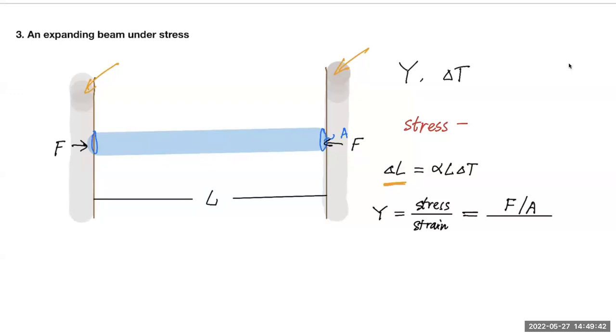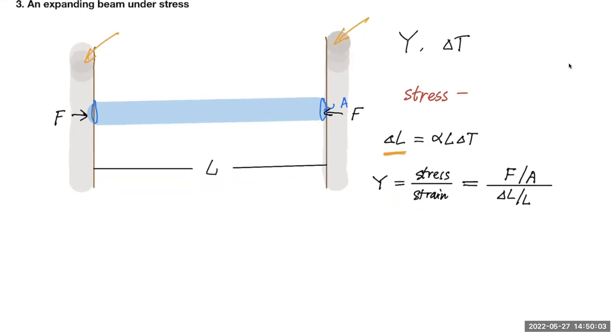The cross-sectional area of the rod is A, that's given. Strain is the fractional change in its length, that's delta L over L. What I'm looking for is the amount of force the walls have to exert to keep the rod at the same length despite the temperature change.